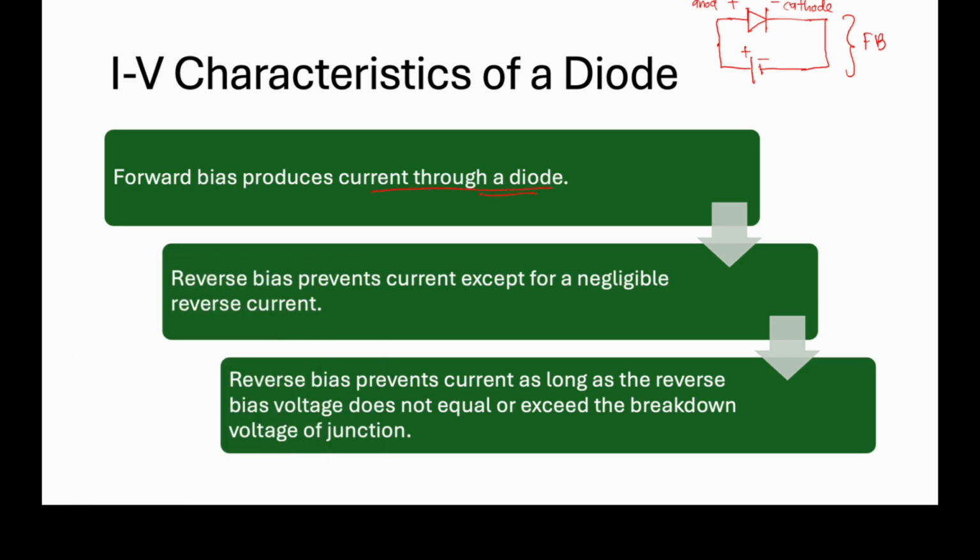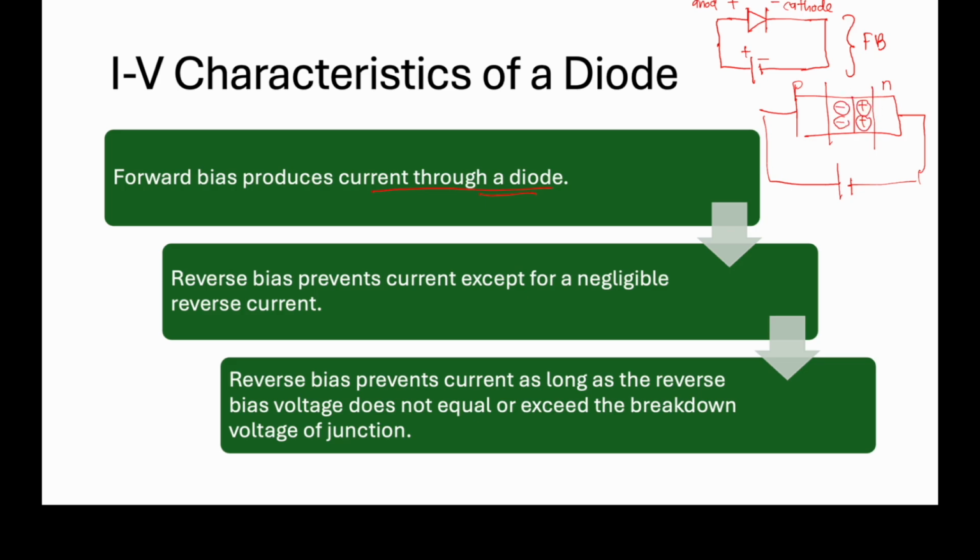So how can the current pass through the diode? If we recall what we have learned, this is because of the existence of free electrons. This is the P region and this is the N region, and we can see the positive layer and the negative charge layer that form the depletion layer.